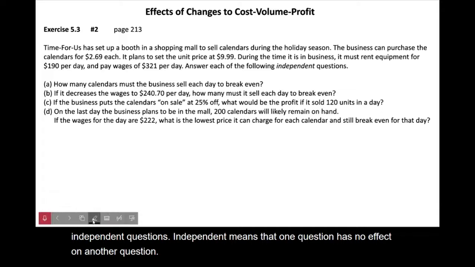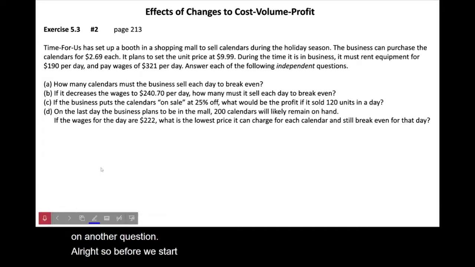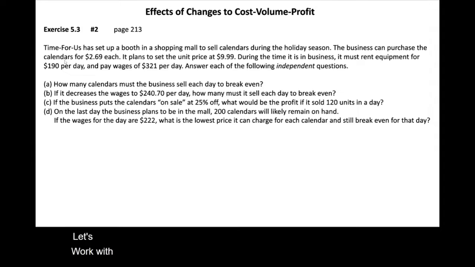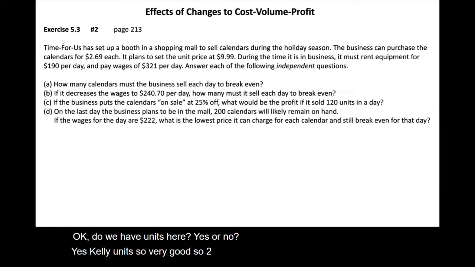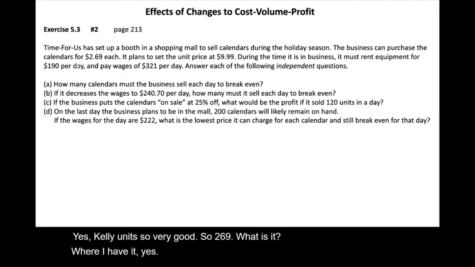So before we start anything, let's work with those numbers. Okay, do we have units here, yes or no? Yes, calendars. So what is 2.69? Variable cost, yes.